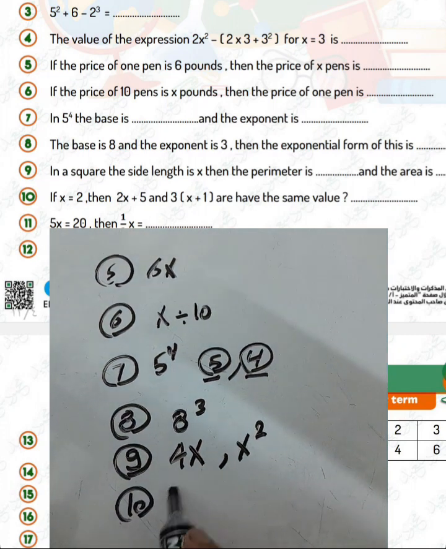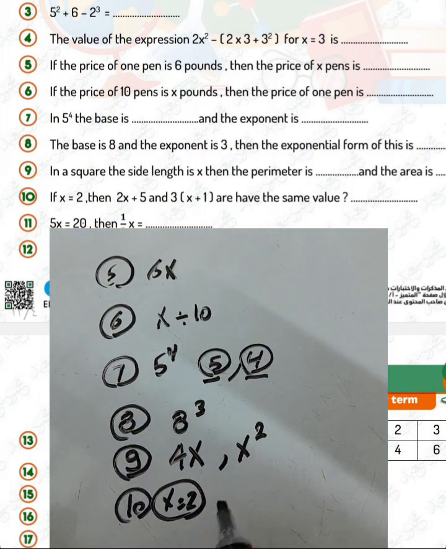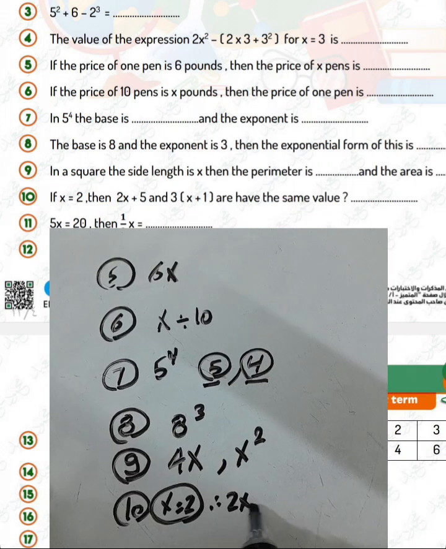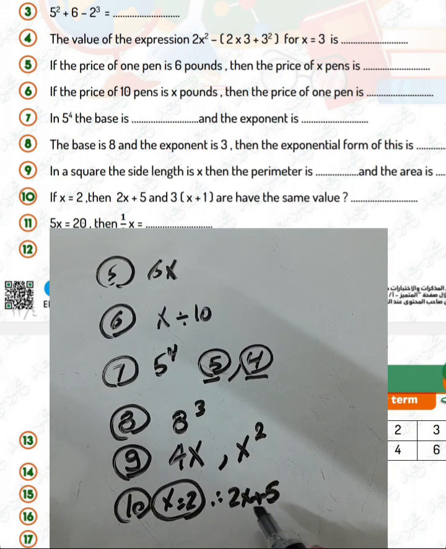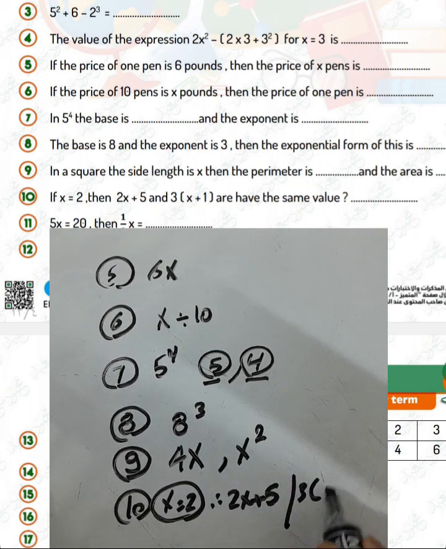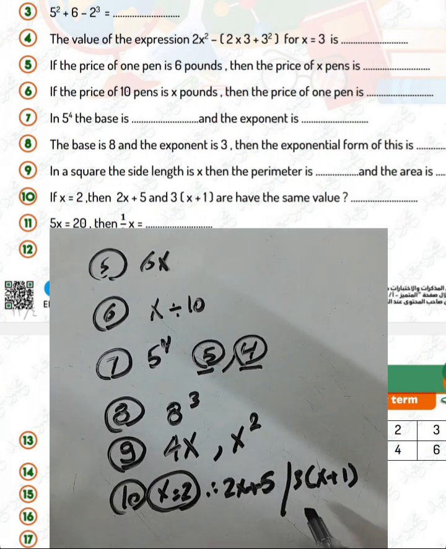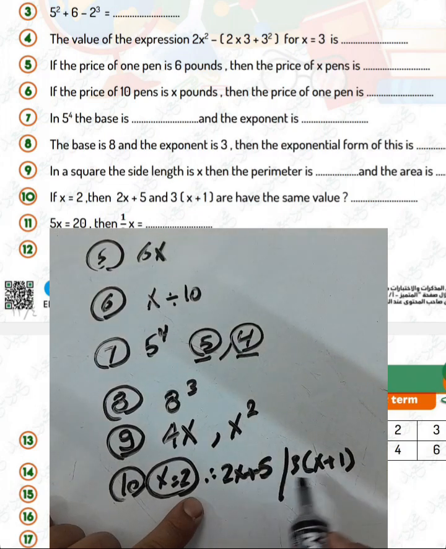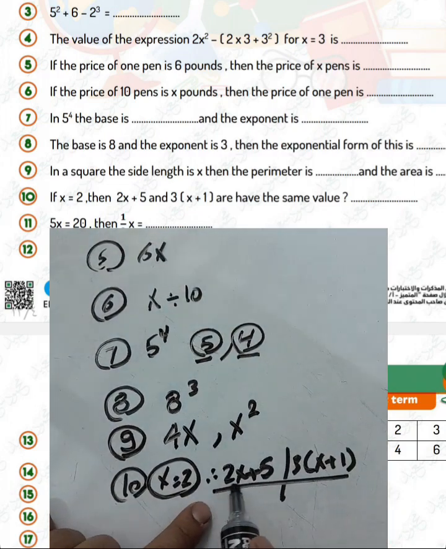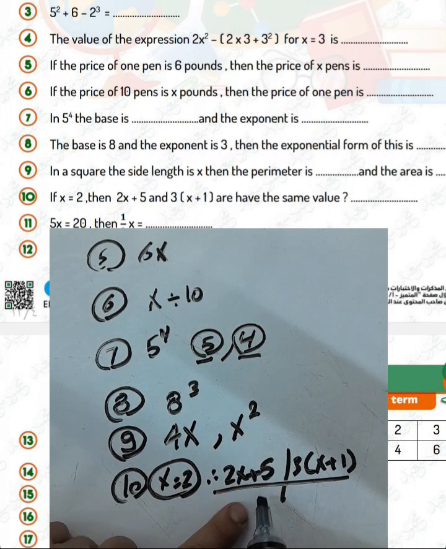Question number 10. If x equals 2, do 2x plus 5 and 3 multiplied by x plus 1 have the same value or not? Put x equal 2 in the first expression: 2 by 2 is 4, 4 plus 5 equals 9.